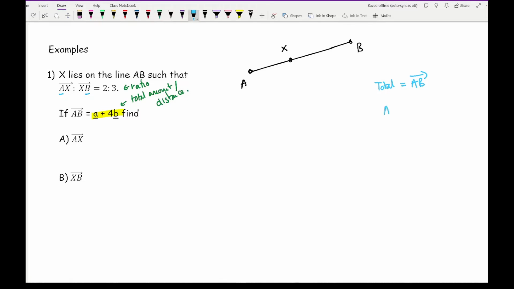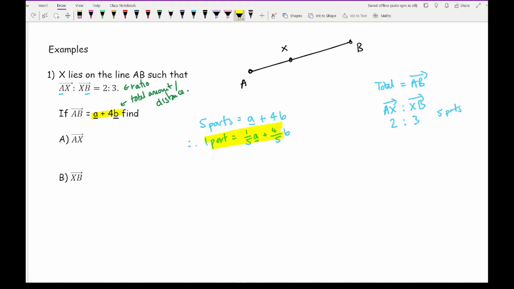So here I've got A to X to X to B is in the ratio of 2 to 3, which equals 5 parts. So therefore, 5 parts equals A plus 4B. So therefore, 1 part must equal, and I'm going to use fractions rather than dividing it all, 1/5 of A and 4/5 of B. Now that is what 1 part is equal to.